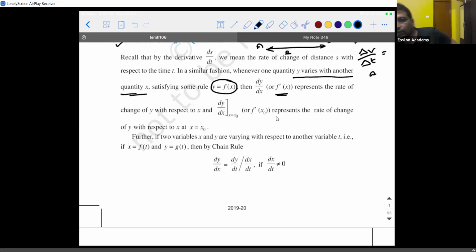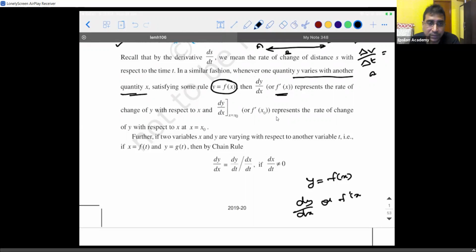Okay, please make a note of this point. If there is a function y is equal to f of x where y is dependent on x, then dy by dx or f dash of x represents the rate of change of y with respect to x.